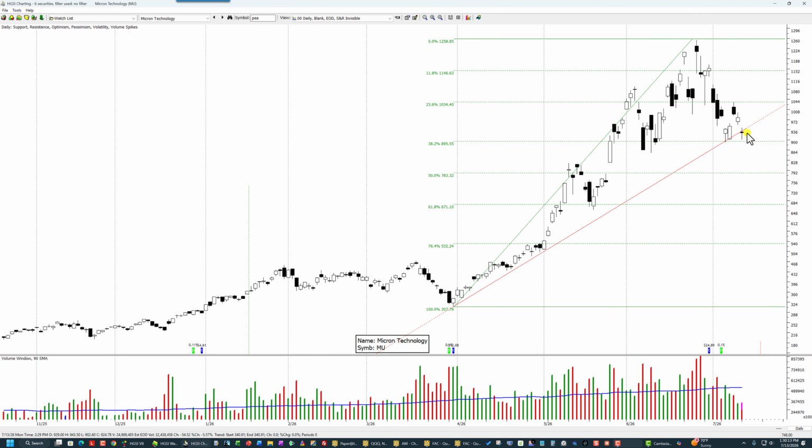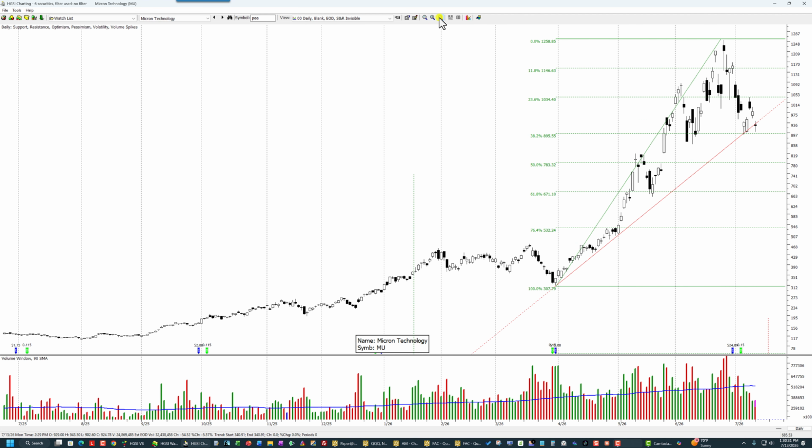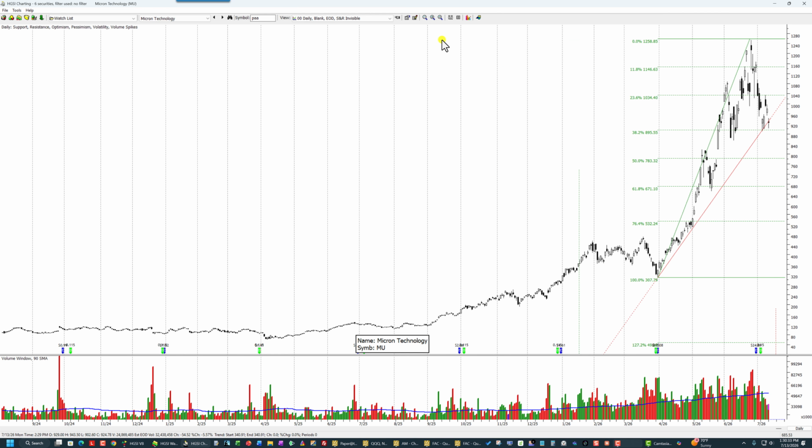And here is a trend line that I drew from here. Actually, I drew it from way back. Let me zoom out on this. No, I'm sorry, I did not draw from so far back. Let's do alternate 2.